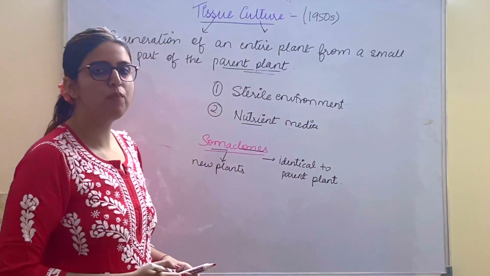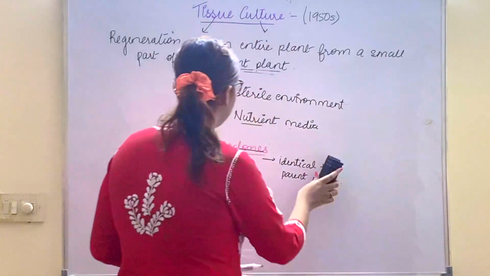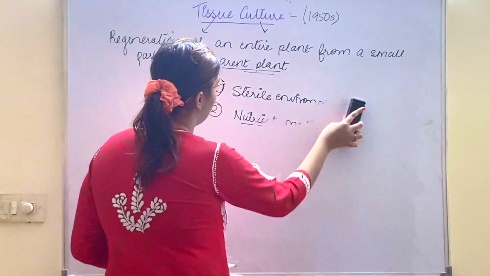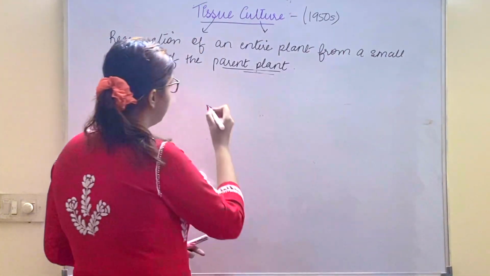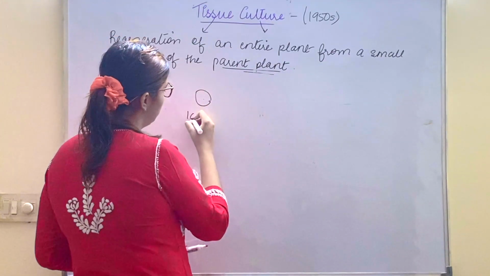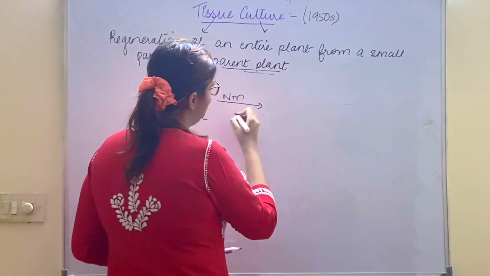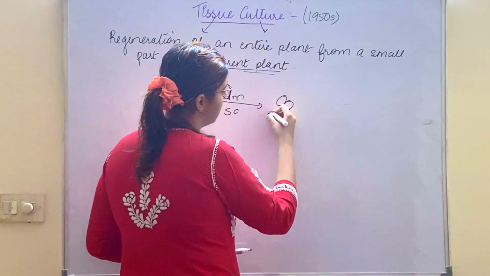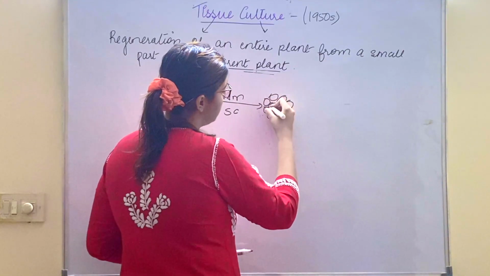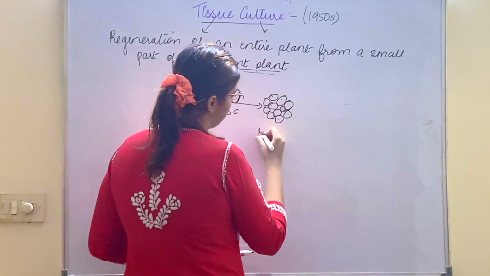Another important terminology used in tissue culture is totipotency. What is totipotency? One cell is going to divide in the presence of a nutrient media in sterile conditions into a ball of cells.